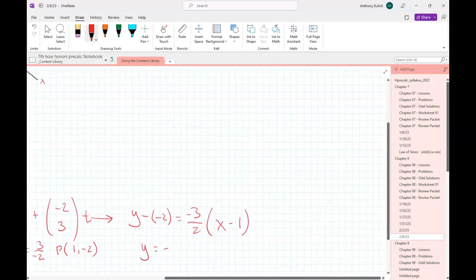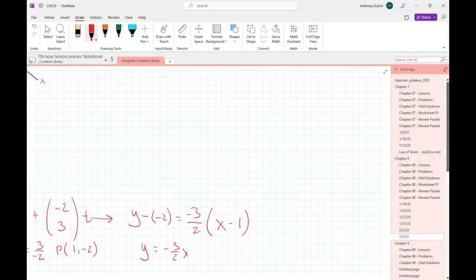And then if I simplify this down, I have positive 3/2 plus, and then I subtract 2 from both sides to give me -1/2. And so there we go.